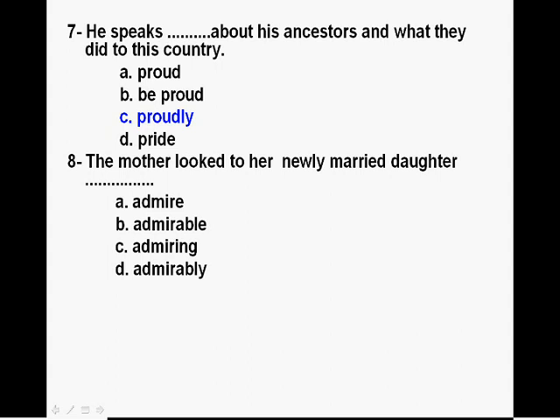How did the mother look to her newly married daughter? Okay, yes. Excellent. Admirably. So the mother looked to her newly married daughter admirably. Excellent.